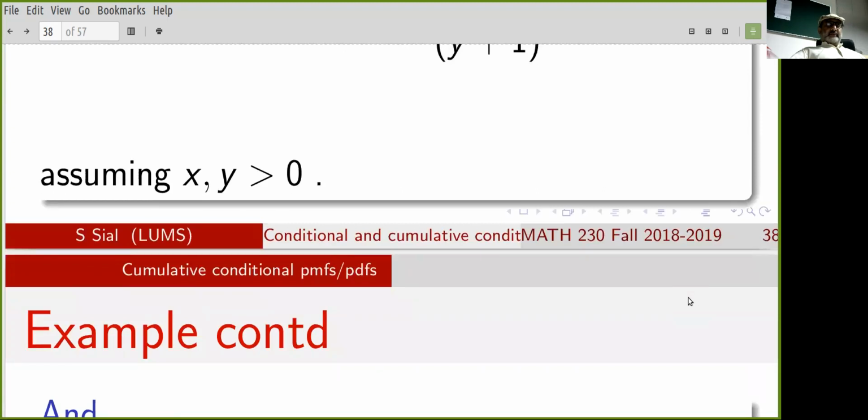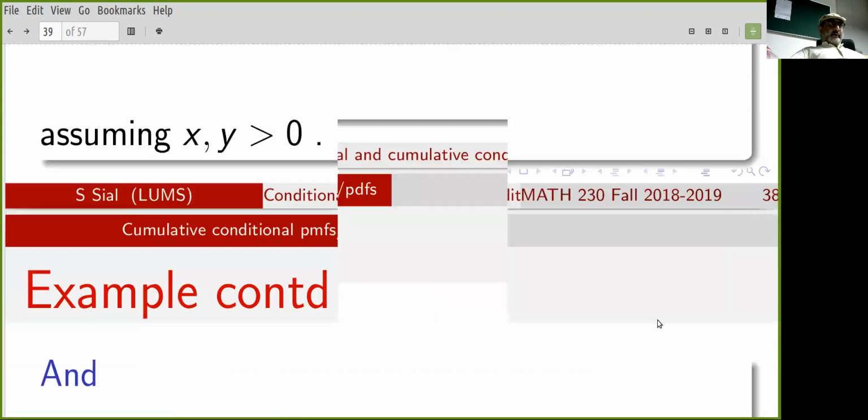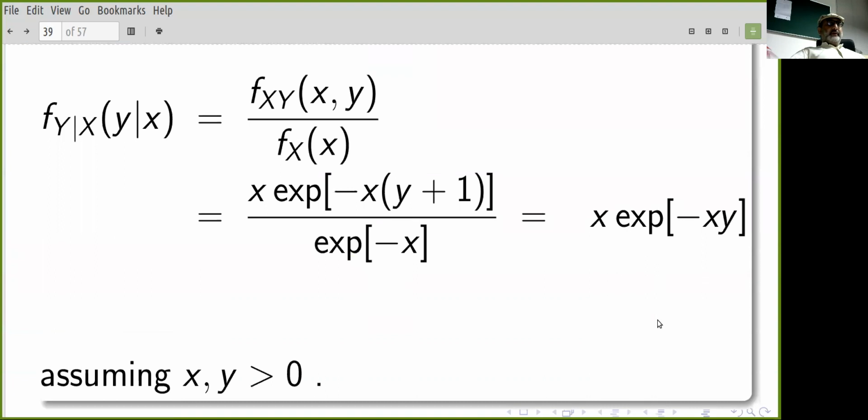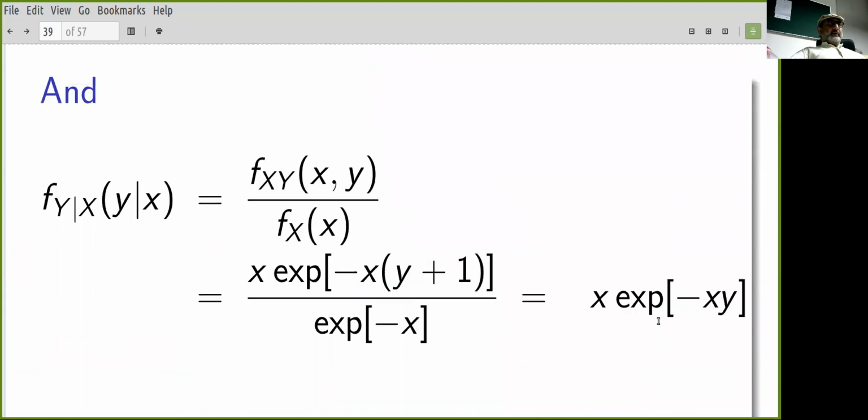Now, if you want the conditional the other way, the conditional for y given x, then you take the joint PDF and you divide by the marginal distribution for x.